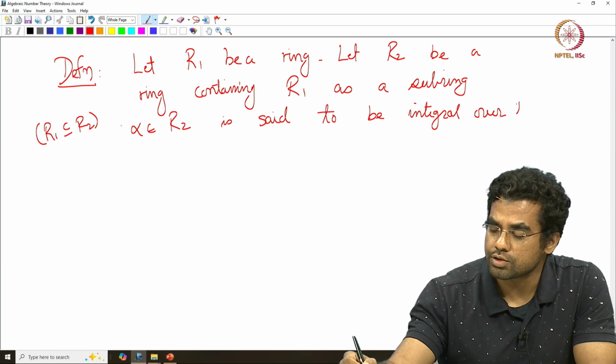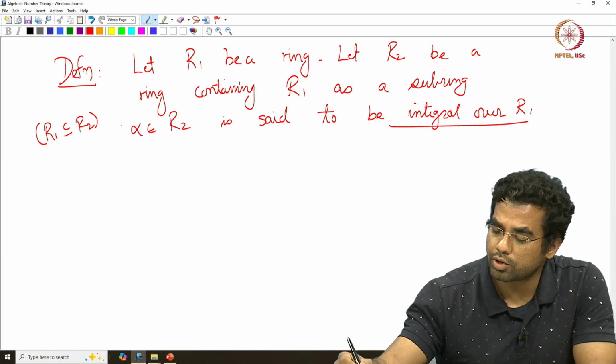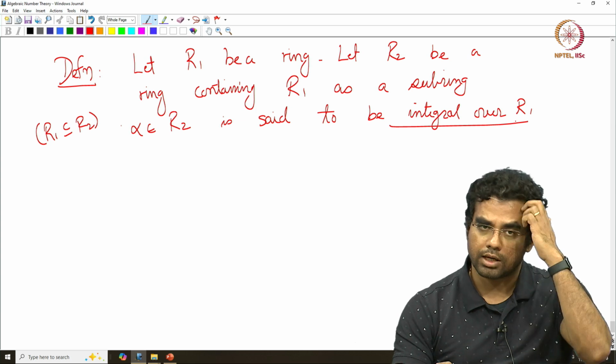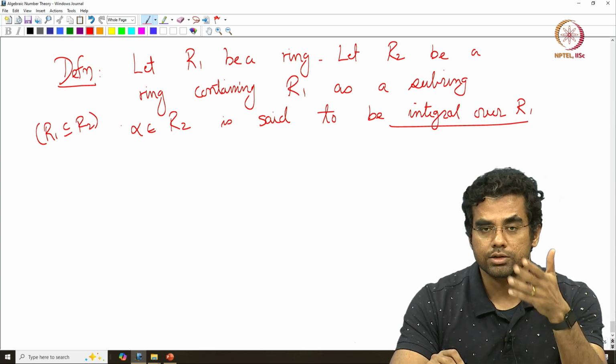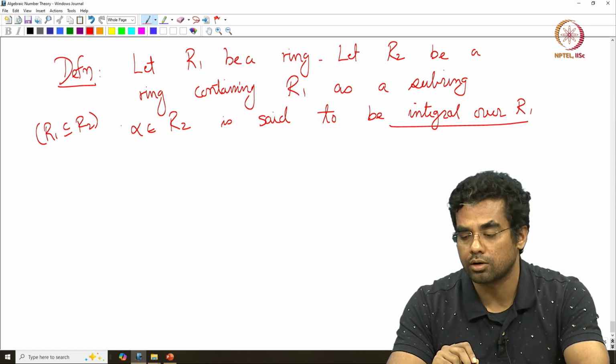over R_1. So, this is very similar to what I defined last time about being algebraic over a smaller field, but in the context of rings, these are called integral elements.